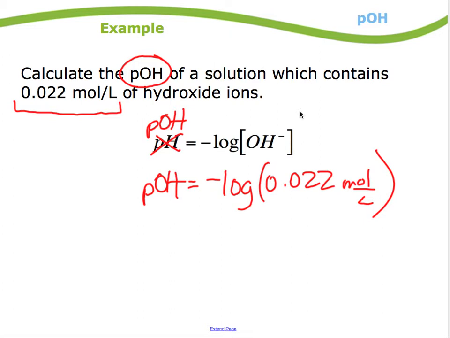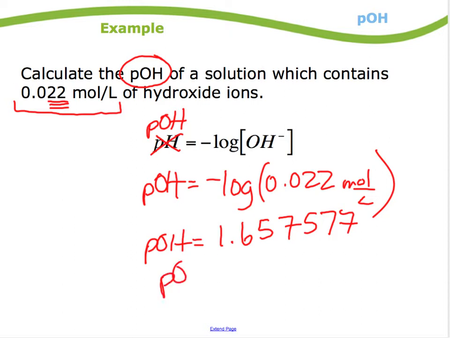Okay, so my pOH of that solution is 1.657577, etc. Again, I'm given 2 sig figs in this concentration, so in my pOH I need to give 2 decimal places. So the pOH to the correct number of sig figs will be 1.66. That'll be the pOH of that solution.